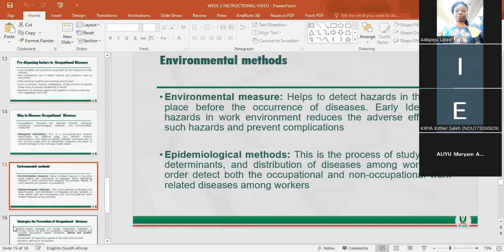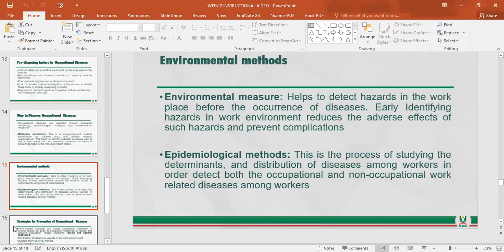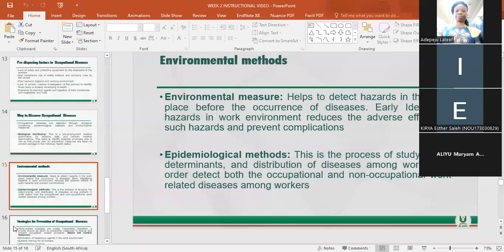What about epidemiology? It's another method in which we study the determinants and the distribution of diseases among workers. We want to know, why are they having this disease? Is there a non-occupational, work-related disease among the workers?